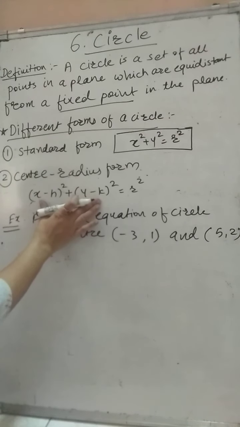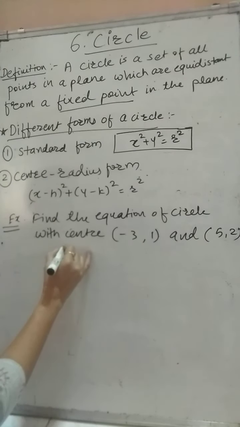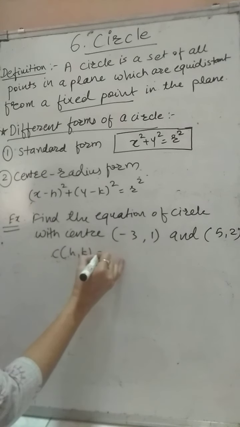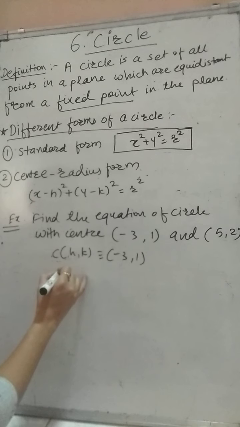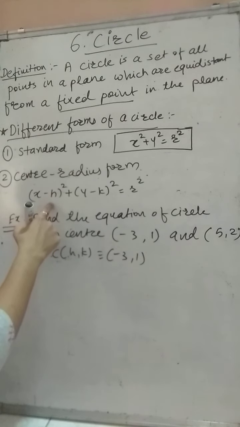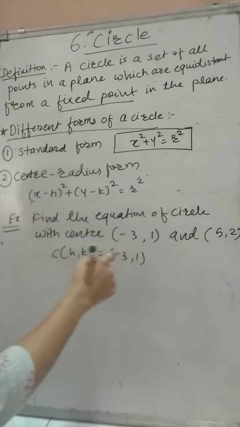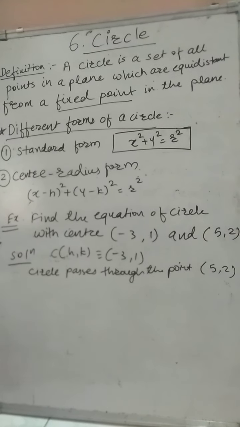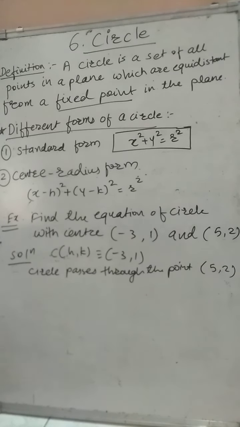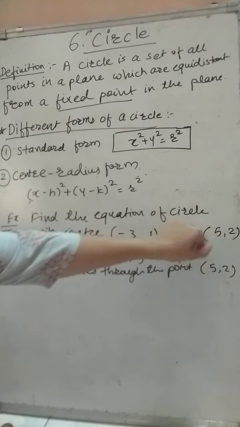This is the center radius form. What is the center given? (h, k) is equal to (minus 3, 1), and what is the point given? Center (h, k) is (minus 3, 1), given. The circle passes through the point. Which point is given? (5, 2).